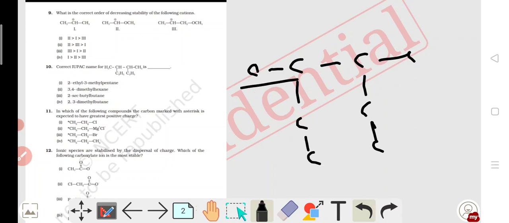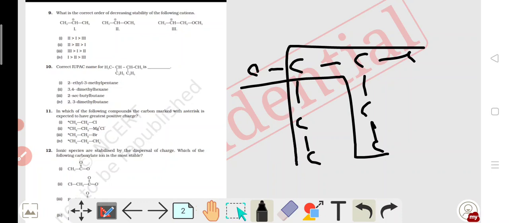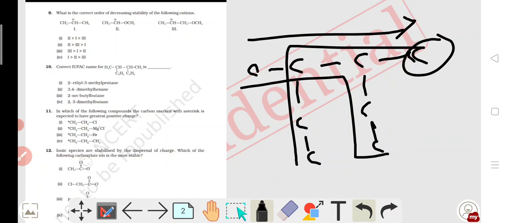So you may go this way or this way, so that it is the longest chain, but it is not, because it is 4 member, and it is 5 member. So here we get this methyl group as a substituent, or this methyl group as a substituent if you go this way.